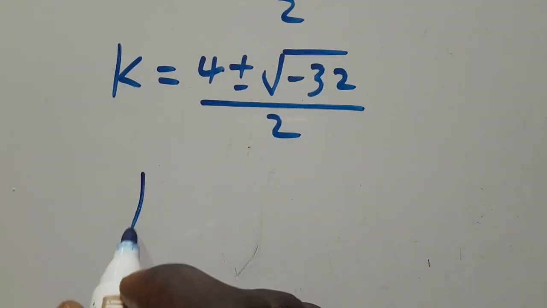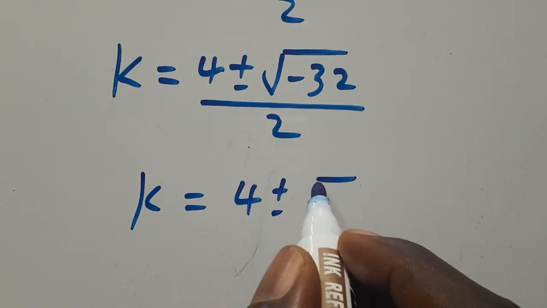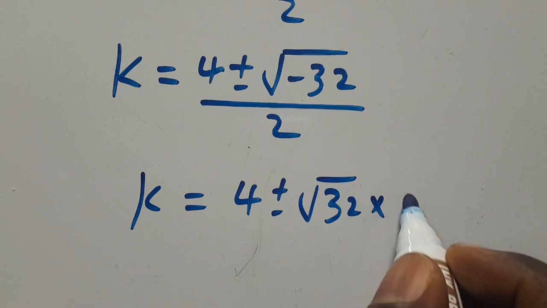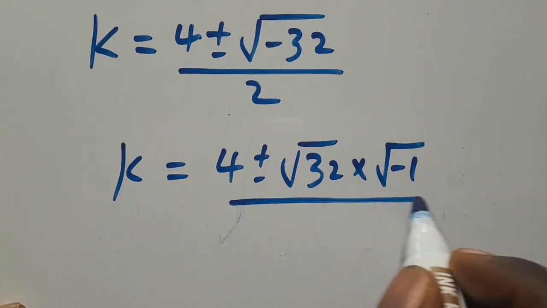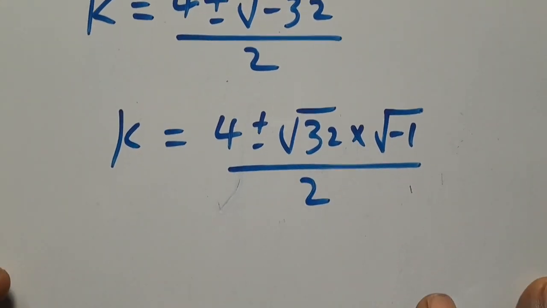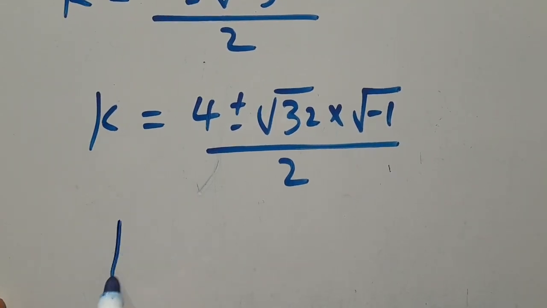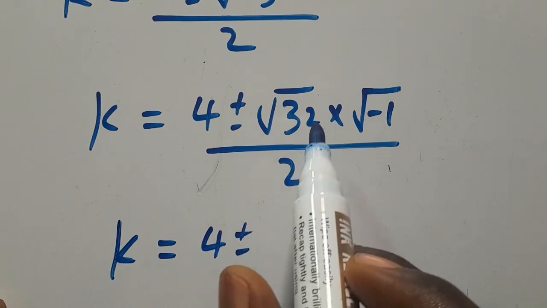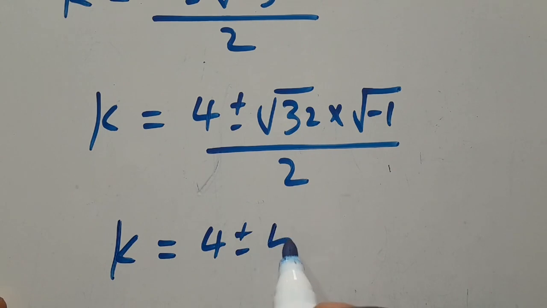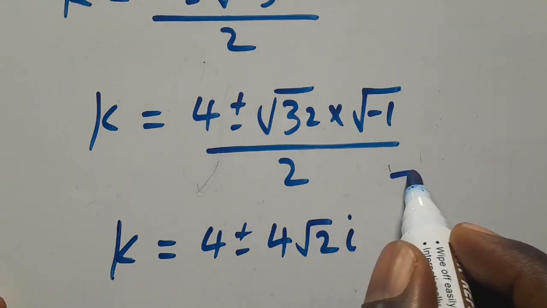So from here we have k equal to 4, positive or negative, root of 32 multiplied by root of minus 1, all divided by 2. So from here we have k equal to 4, positive or negative, root of 32 will give us 4 root 2, root of minus 1 will give us i.